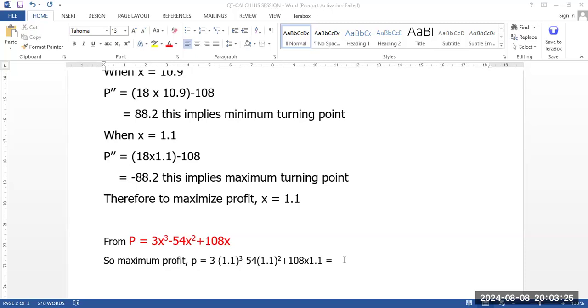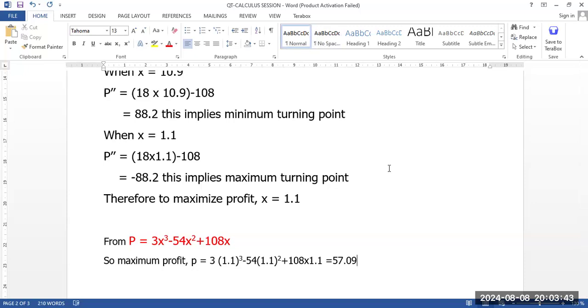What do you get? 57.09. That is your maximum profit.